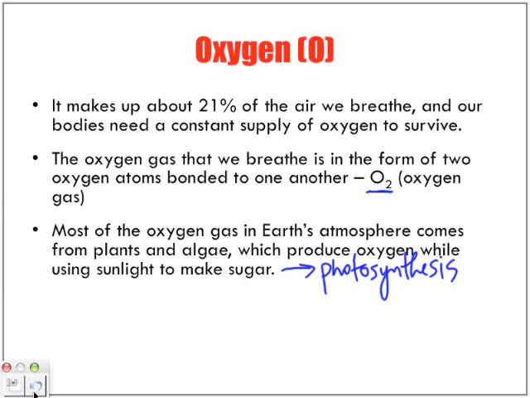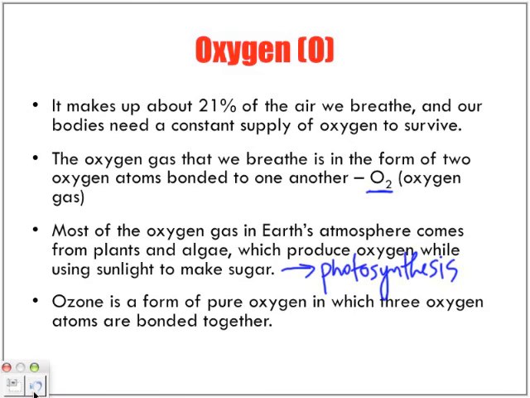We are removing oxygen from our atmosphere, because the grass, the trees, the bushes, all these plant-type organisms produce oxygen through photosynthesis that gives us the oxygen our bodies need.